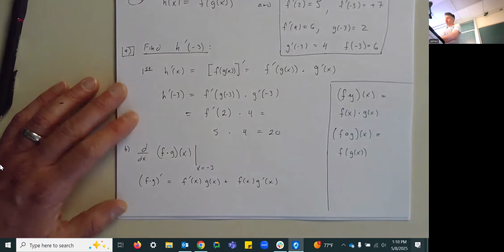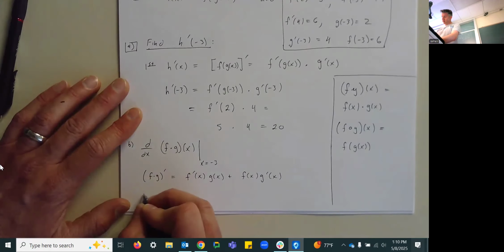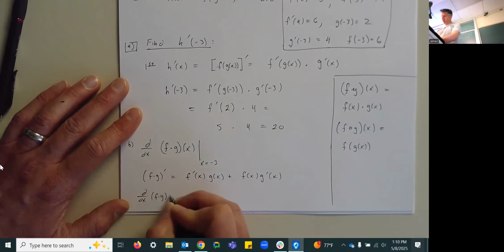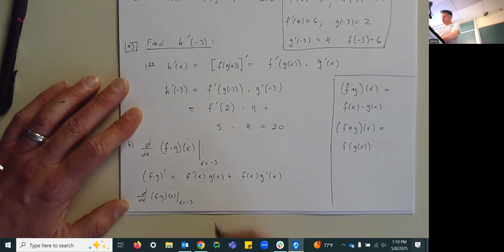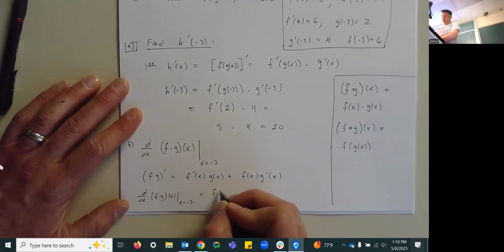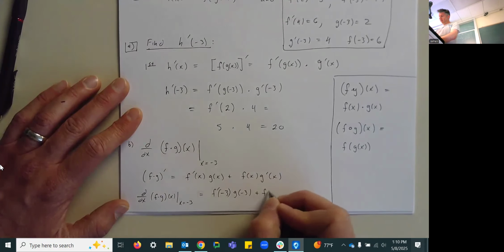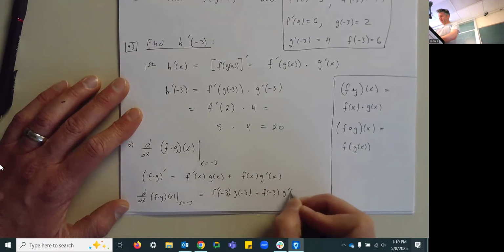And now if we plug in -3, the derivative of the product f times g of x evaluated at x equal to -3 is just going to be, we're just going to plug in -3 everywhere. f prime of -3 times g of -3 plus f of -3 times g prime of -3.